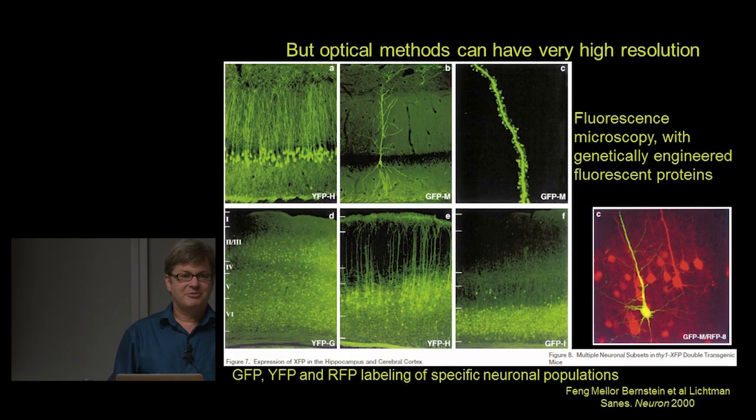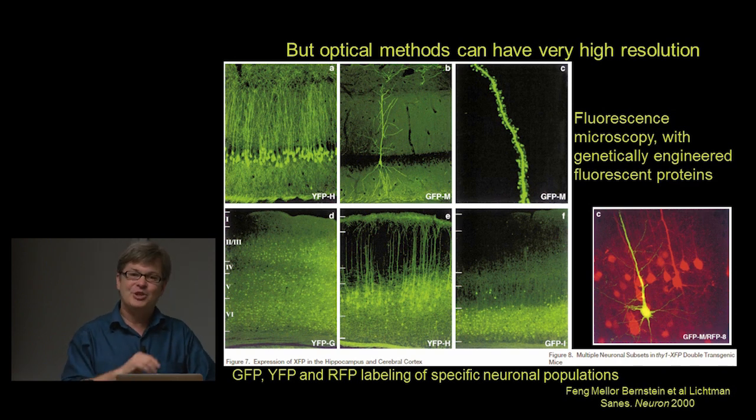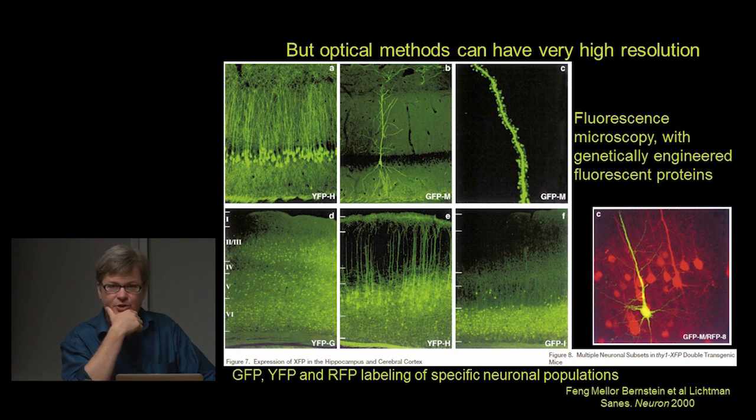That changed radically in the past 10, 15, 20 years, and it changed for two reasons. And the first reason is the explosion of the use of fluorescent molecules in studying the brain.